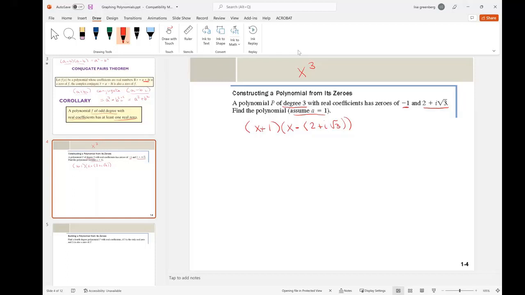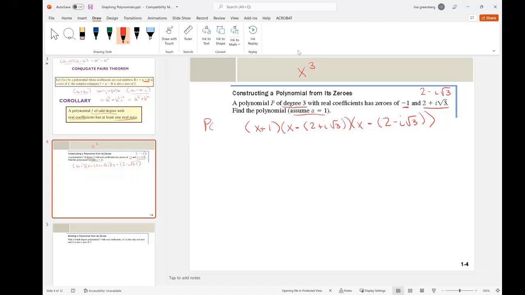And because complex numbers always come in pairs with the complex conjugate, that also means I have x minus (2 minus I times the square root of 3), because I have to have my conjugate, 2 minus I times the square root of 3. Okay, so now I have 3 linear factors.